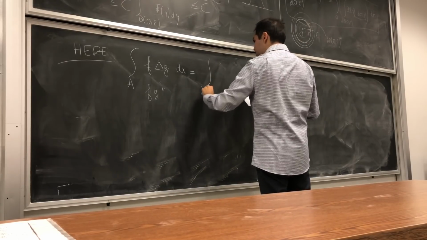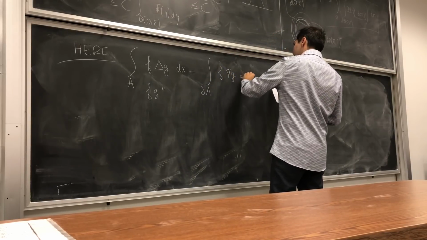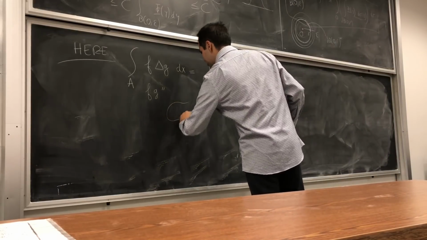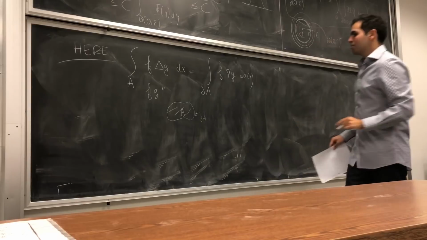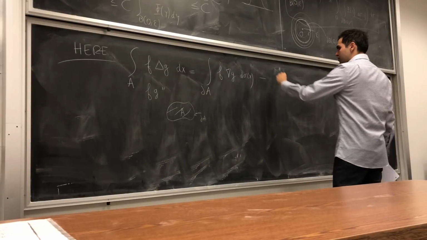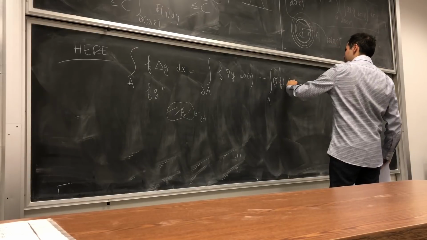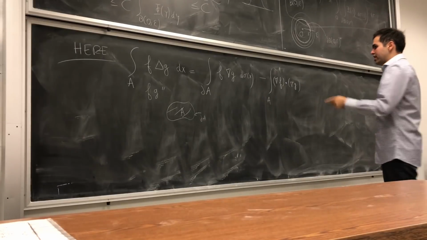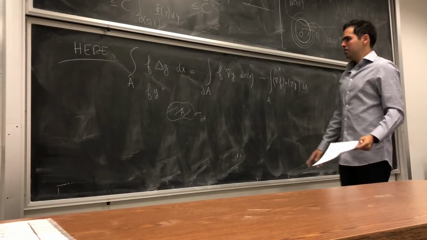So it's equal to the integral over the boundary of A of f gradient of g d sigma of x, the surface of A. Here's a picture: this is A, and this is the surface. And then minus the derivative of f times the derivative of g, so f prime g prime, which here becomes the gradient of f dot the gradient of g dx.